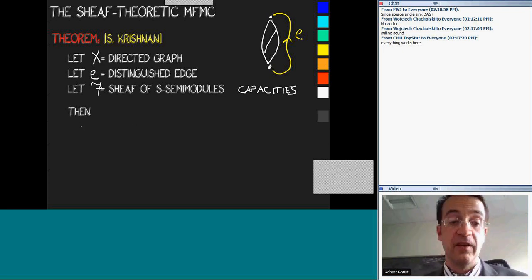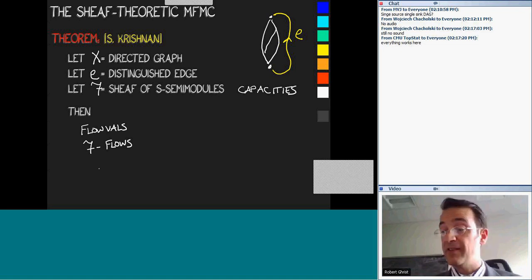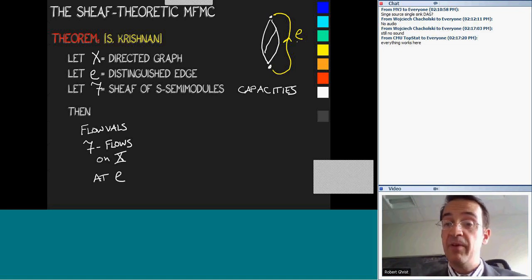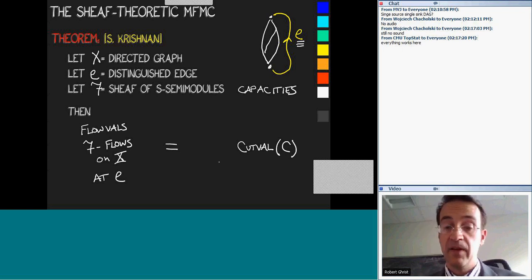If we look at the flow values, F flows, by F flows, I mean flows that satisfy the capacity constraints on X. And we get those flow values at E. That means how much stuff is flowing through this edge. That equal to what? I'm going to look at the cut value of cut C. I'll take a particular cut.